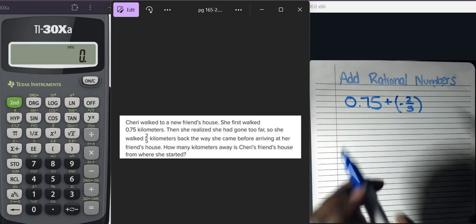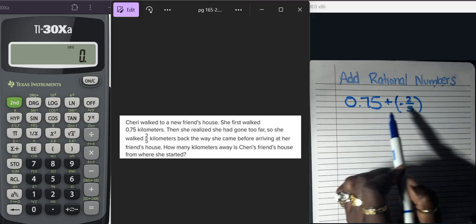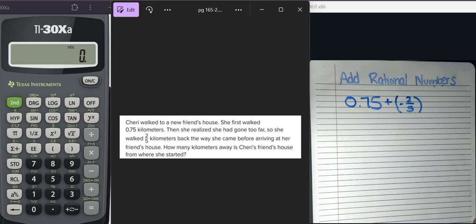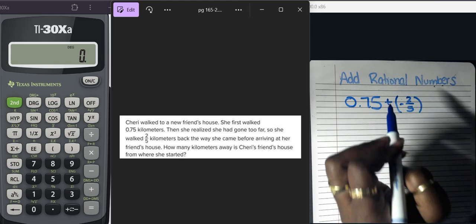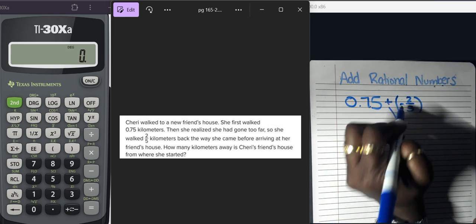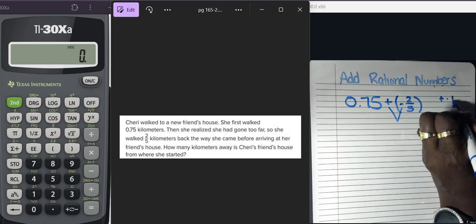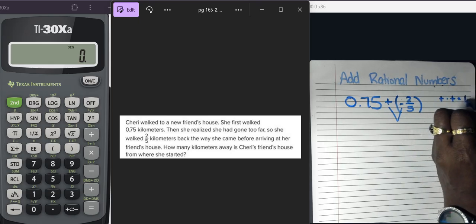So what we have here is a decimal. We also have a fraction. So the first thing I want to do, I just like to clean up my problem so that it looks a little easier, is let's get rid of this double value here. So remember, we've talked about two of any kind. If we're multiplying or dividing, it becomes a positive, right?